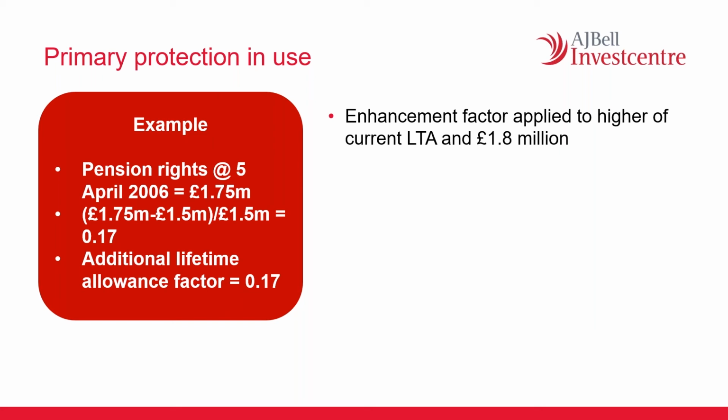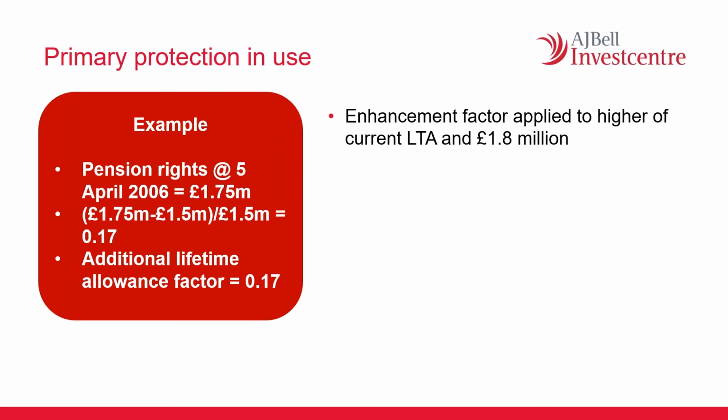This concept came into play when we had the first drop in lifetime allowance in 2012. Prior to that, your enhancement factor would always have been applied to the standard lifetime allowance. That's how the rules were written for pension simplification coming in for A-Day.